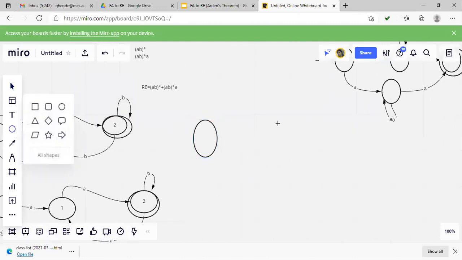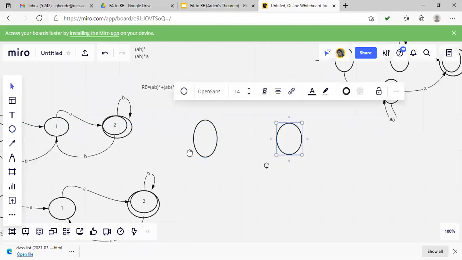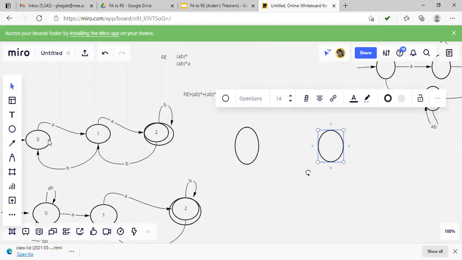I don't want to remove at 0. I'll remove at 1. At 1, I have two loops, right?